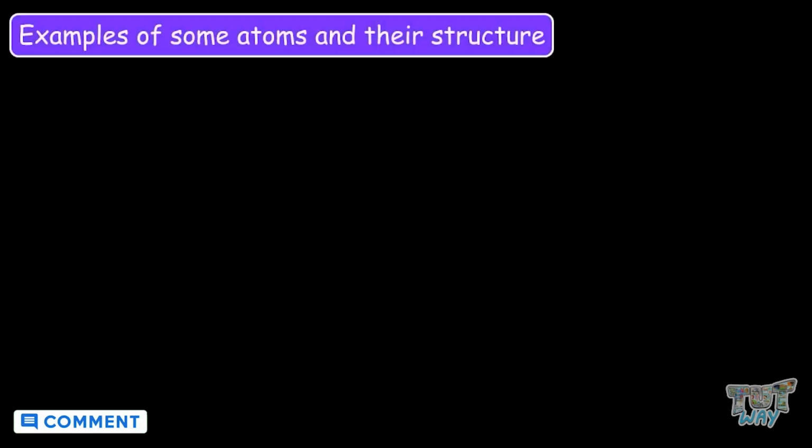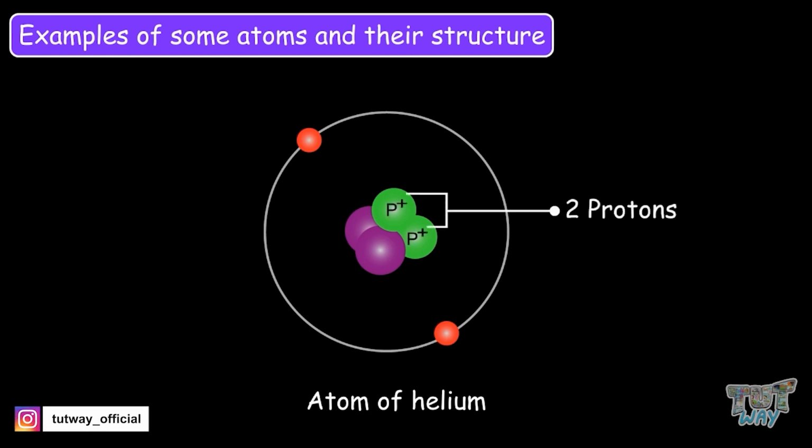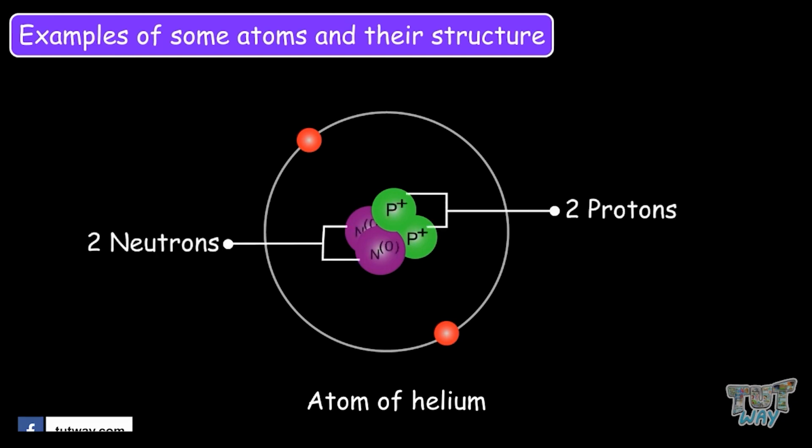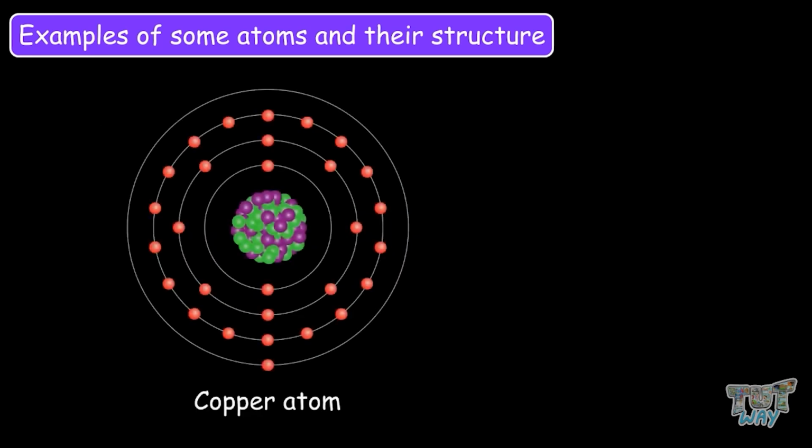Now, let's have examples of some atoms and their structure. This is an atom of helium, or helium atom. Helium has 2 protons and 2 neutrons in its nucleus, and its electron cloud has 2 electrons. This is copper atom.